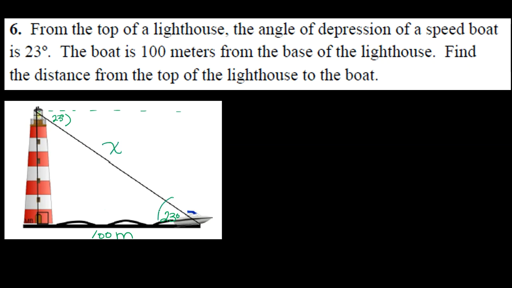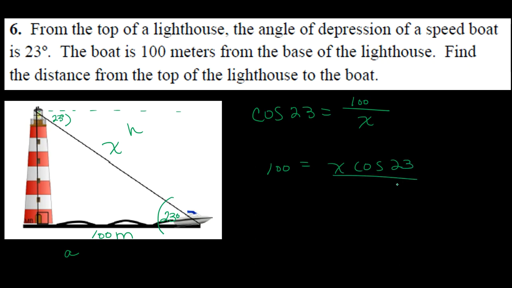So I'm going to use this angle as my reference angle. So I have adjacent and hypotenuse. So that's going to be cosine. So the cosine of 23 is 100 meters over the hypotenuse. I'm going to cross multiply.